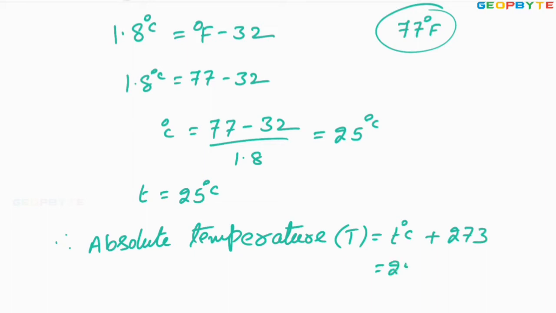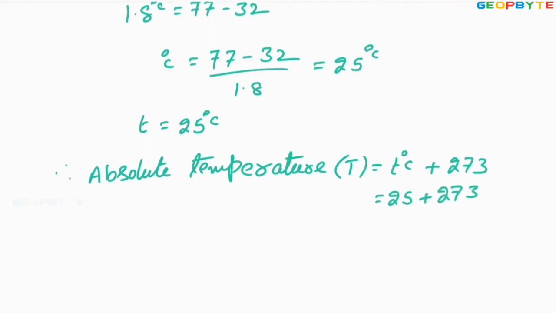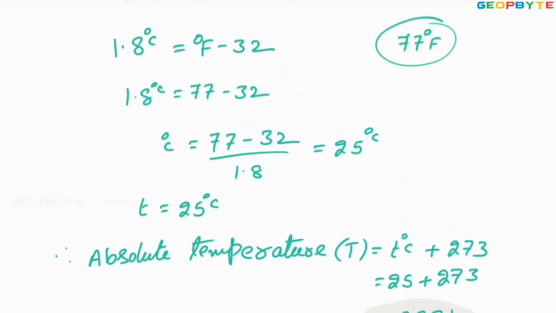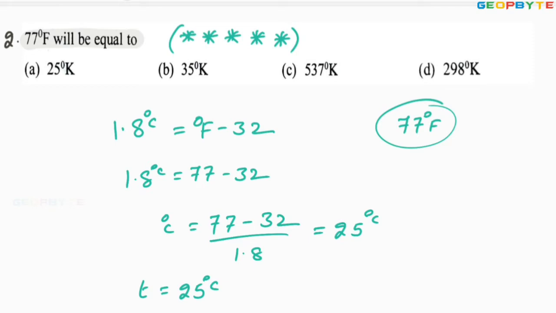It is equal to 25 plus 273, which is 298 Kelvin. So anyhow, 77 degree Fahrenheit equals 298 Kelvin. Look at the options. The last option is absolutely correct. I hope you got my point. Let us take another problem.